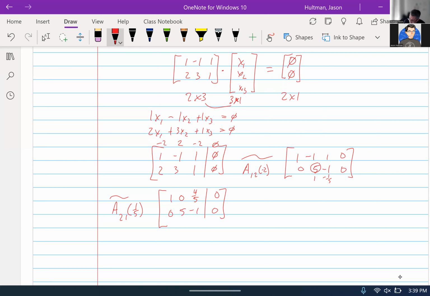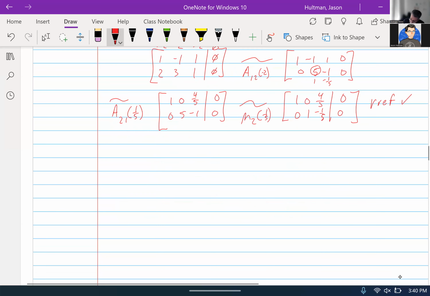I guess I could have multiplied through by 1/5 first and then added. Either way, doesn't matter. Okay, so let's just get rid of that 5 now. So multiply row 2 by positive 1/5. And I will end up with 1, 0, 4/5, 0, 0, 1, and -1/5, 0. Okay, so now that's RREF.